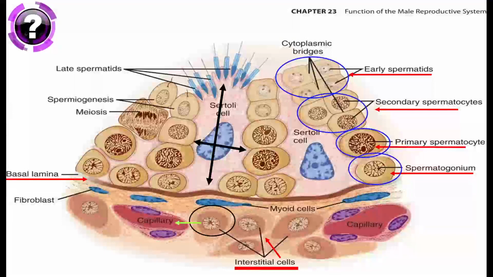Now, if you come down the slide and the diagram, you can see that there are cells that are called interstitial cells or cells of Leydig. These are the testosterone secreting hormone, and this hormone is picked up by capillaries.